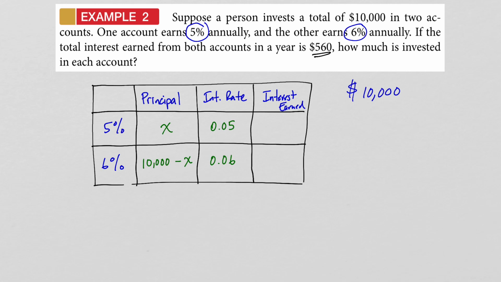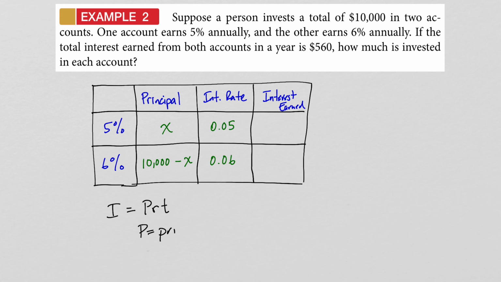Now, how about the interest earned? We know the total interest earned is $560, but that's not the amount earned in each account. That's the total of both of these accounts. So for this, you have to know a formula about interest. So interest, I, is equal to principal times the interest rate times the time.